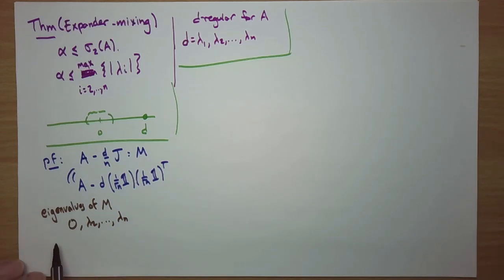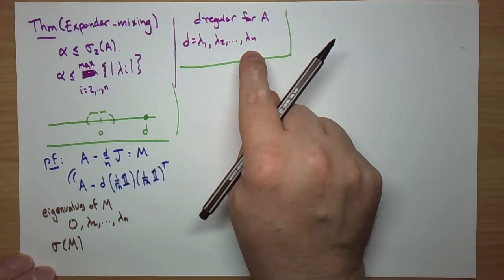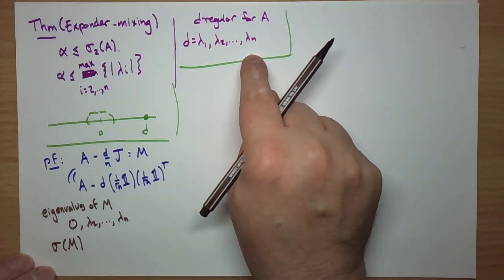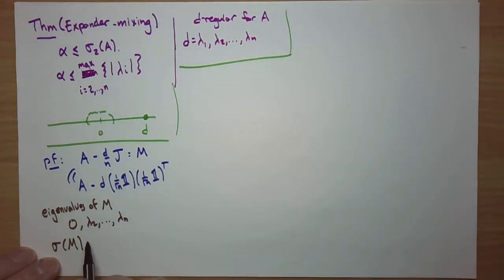So how does sigma of M compare to sigma of A? This is where we want to be a little bit careful. My claim is sigma of M is sigma 2 of A. Why is this? We still have a real symmetric matrix, so we're still looking at the absolute value of the eigenvalues.